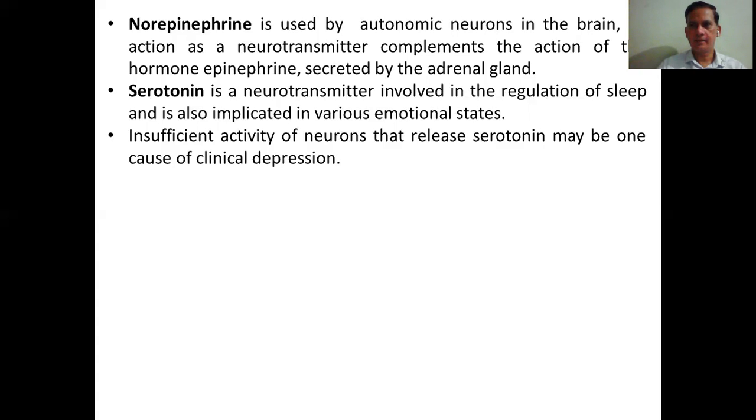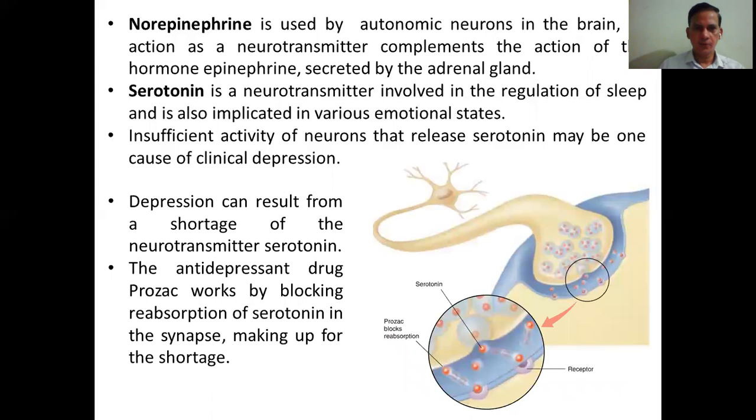Serotonin is another neurotransmitter, and it is involved in the regulation of sleep and also in other emotional states. If there is an insufficient amount of serotonin, it may lead to different kinds of clinical symptoms. One of the major ones is depression.